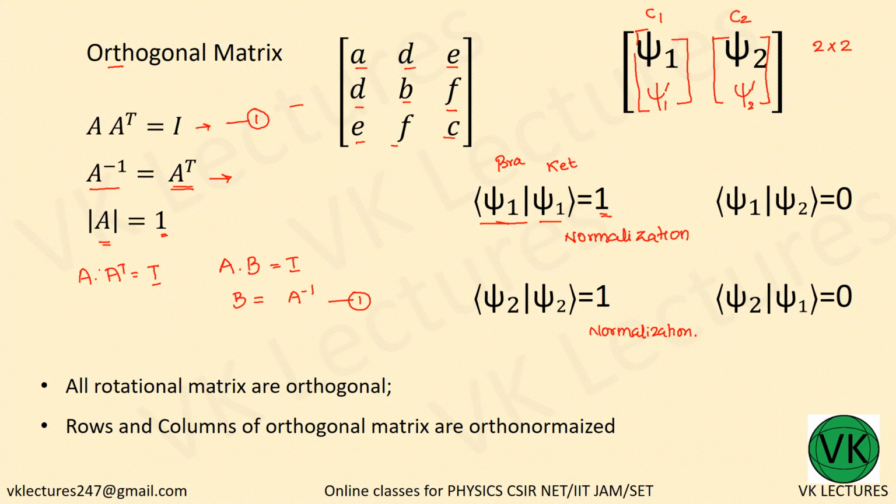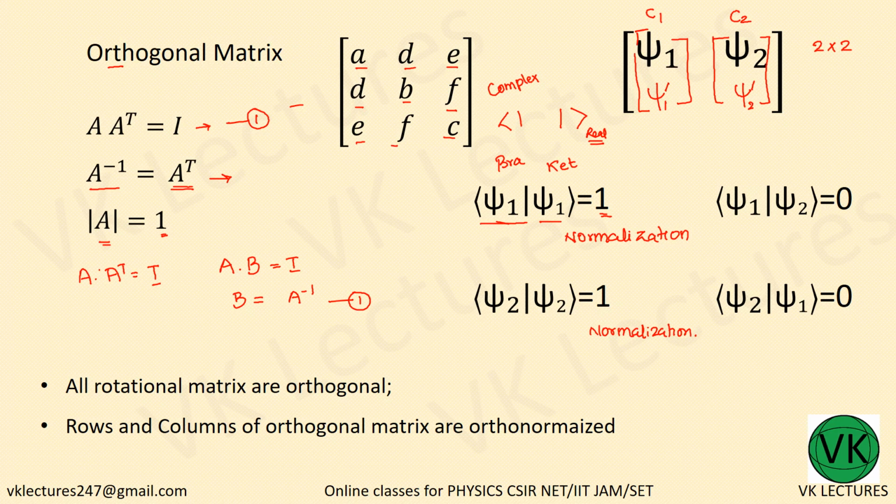This is the bra vector, which you represent in the complex form, and you represent the ket vector in the real form, or it is the conjugate of complex. The bra is the complex conjugate of ket.